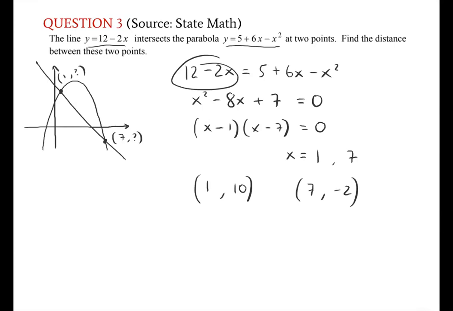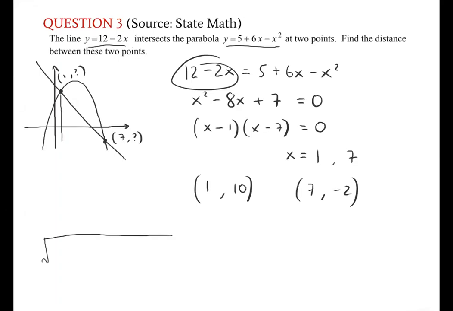So now we have our 2 points of intersection, and we just have to use the distance formula to find the distance. The distance formula is basically just the Pythagorean theorem.